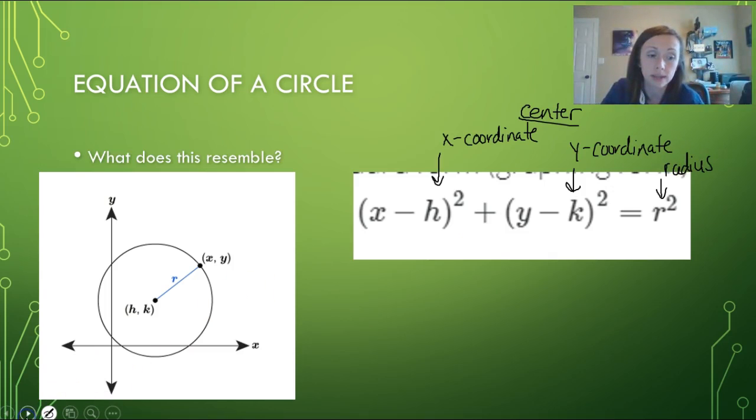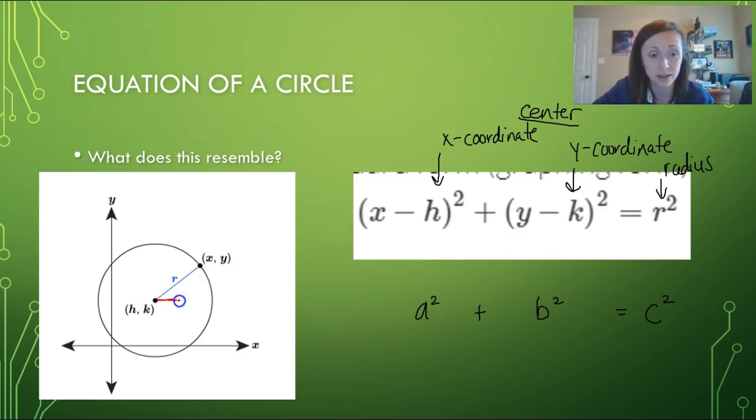Now really quick, what does that formula over there resemble? Does it look a little bit like the formula for the Pythagorean theorem? a² + b² = c², because that's where it comes from. If we were to think about our circle here, the radius can become the hypotenuse of a right triangle.